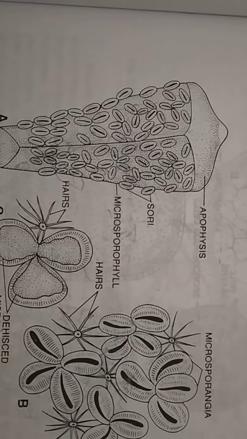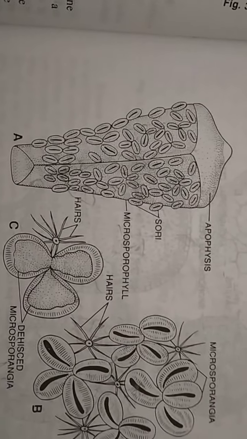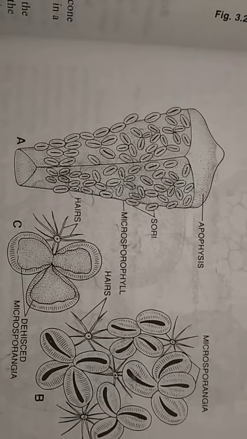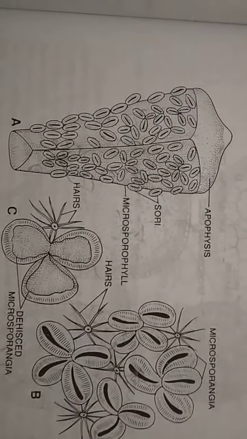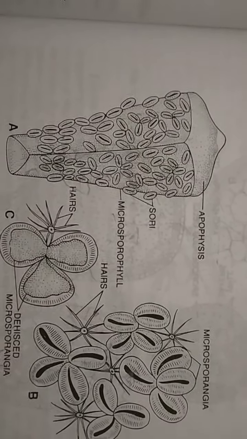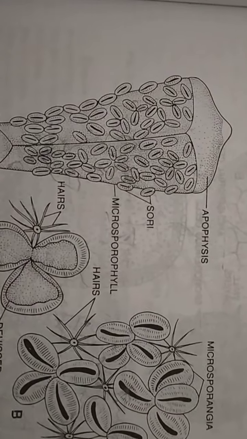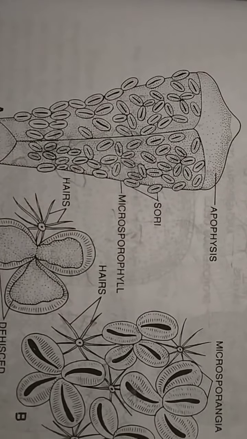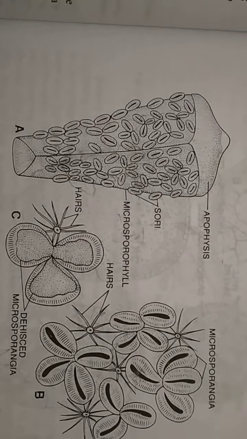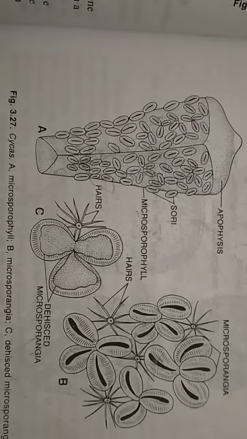And in Cycas, the pollen grain is 3-celled. So this is the reason why Cycas has a 3-celled pollen grain. So this is all about the LS of the male cone of Cycas. And next we will be studying the megasporophyll.